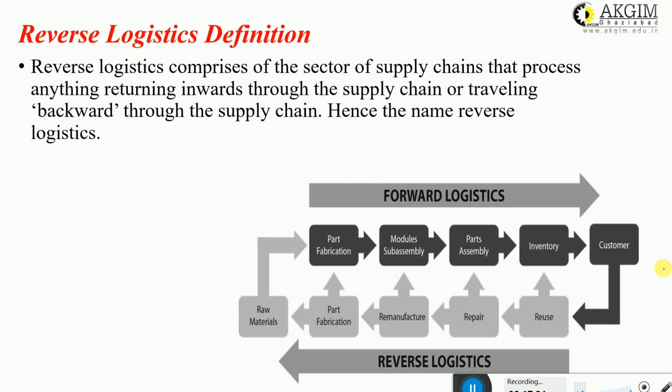This is the reason it is named reverse logistics, because your supply chain moves from supplier to manufacturer, then to distributor, then to retailer, then to the ultimate customer. But this moves in a backward direction, from customer to the inventory, then to the retailer, then to the distributor, manufacturer. This is how it is.